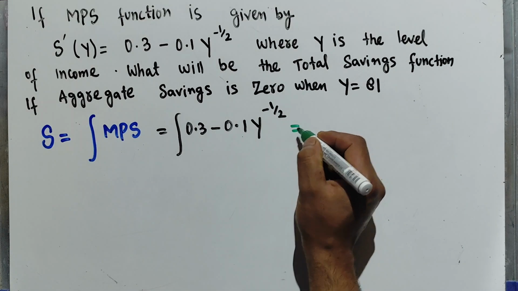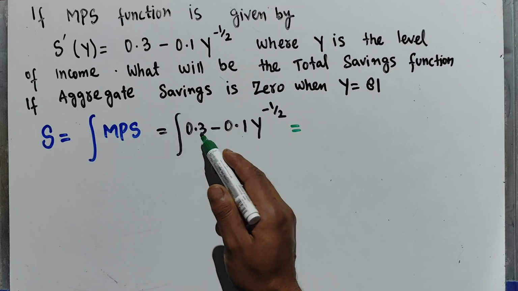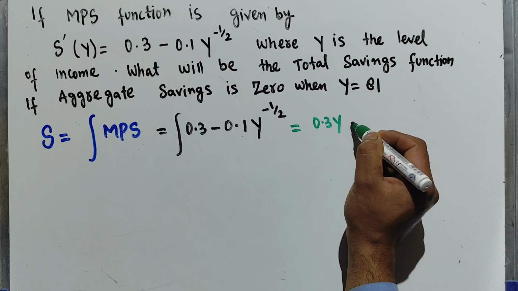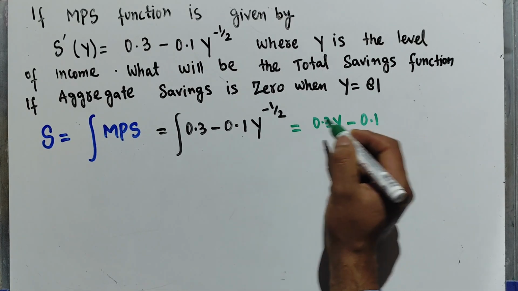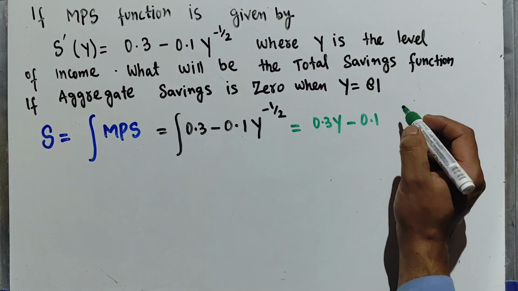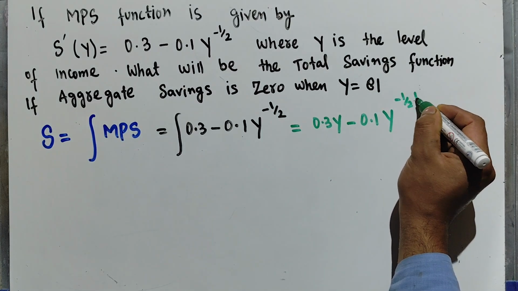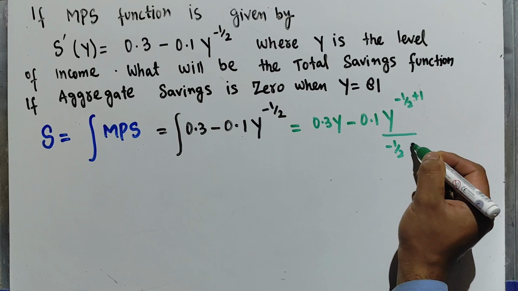Now the integral of this function will be: the integral of 0.3 is 0.3y, minus the integral of 0.1 times y raised to the power minus 1/2, which will be y raised to the power (minus 1/2 plus 1) divided by (minus 1/2 plus 1).